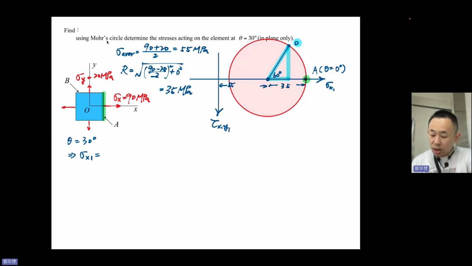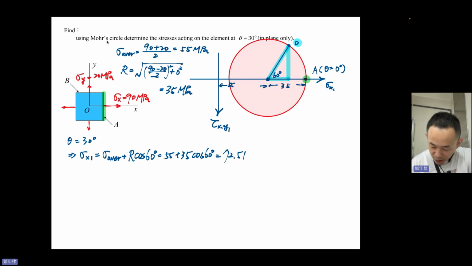So it becomes completely a geometry problem. Sigma average plus R cosine 60. So it's 55 plus 35 cosine 60 degrees, equal to 72.5 MPa. Okay, and tau x1y1 will be R sine 60 degrees, right?